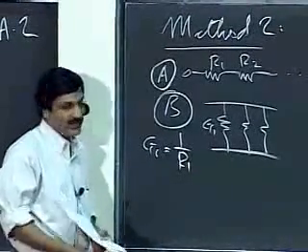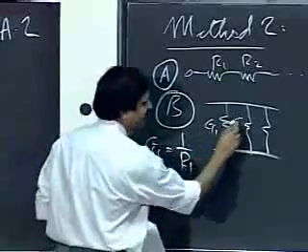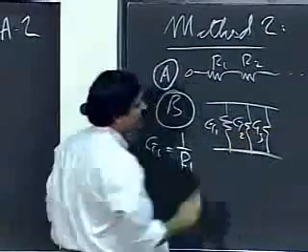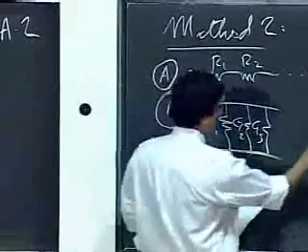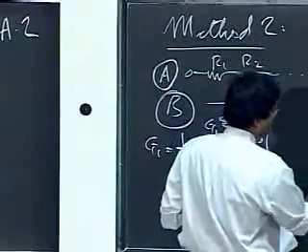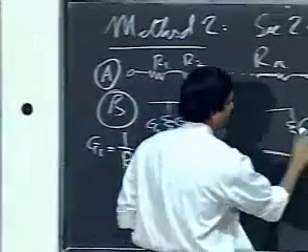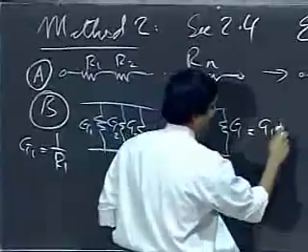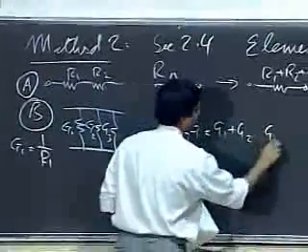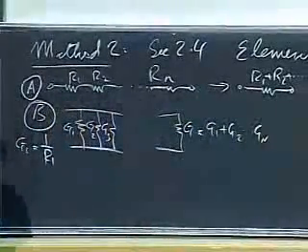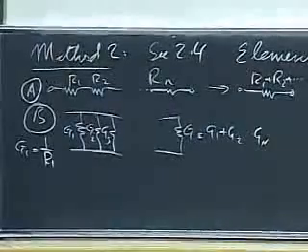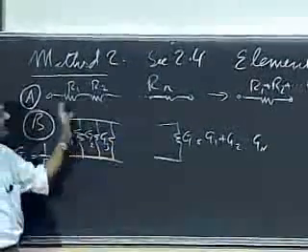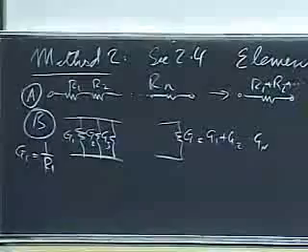So let's say the conductances are G1, G2, and G3. Then effectively, this is the same as having a single conductance whose effective value is given by the sum of the conductances. Conductances in parallel add, and resistances in series add.